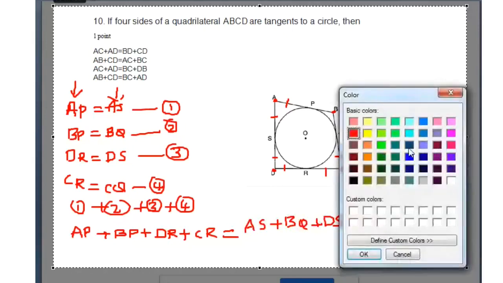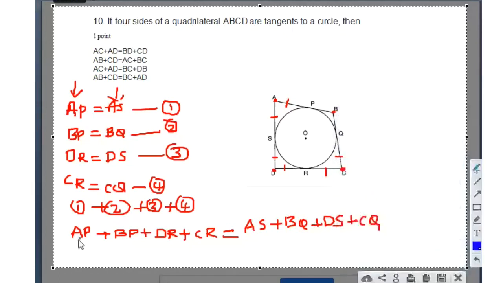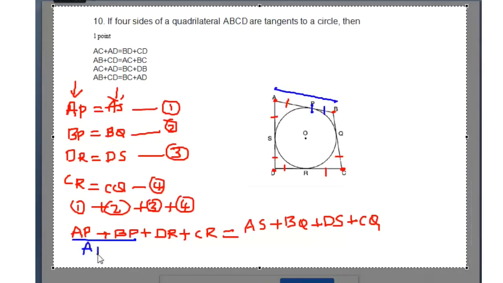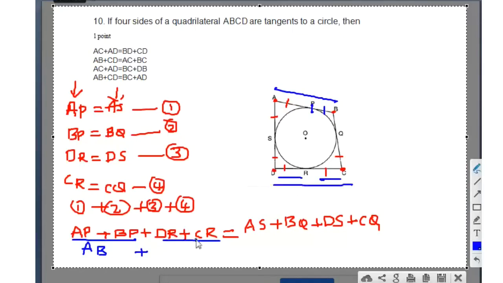We all know that AP plus BP together makes AB. And DR plus CR, if you see the picture, together makes DC. So instead of DR plus CR, I will write DC.